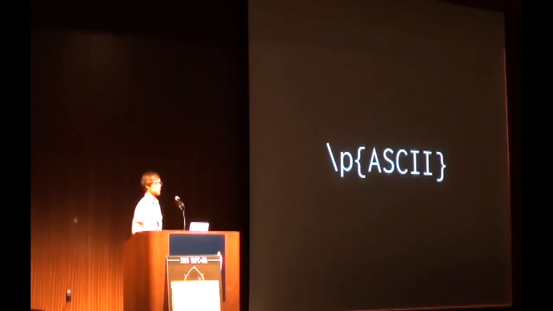This is the preferred way that I match just an ASCII code point. If you uppercase that P, it negates this, so that's anything that is not an ASCII code point. When a lot of people say UTF-8 characters or Unicode characters, this is what they mean, even though Unicode includes the ASCII subset. I use this a lot for one-liners and ack for when I'm looking for non-ASCII data specifically.